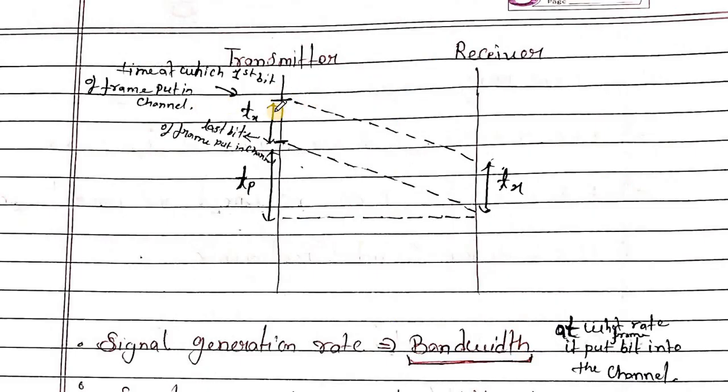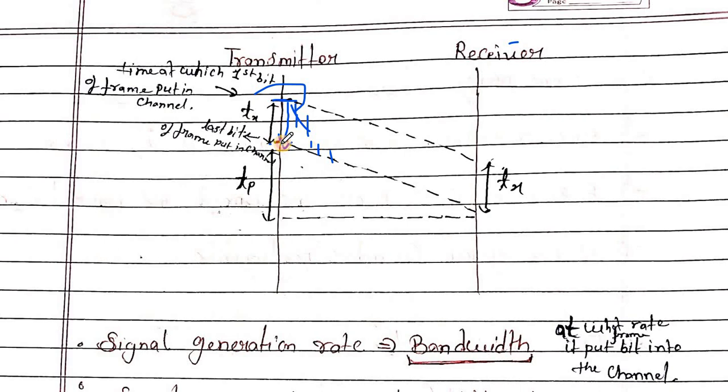In the diagram, this is the transmitter side, this is the receiver side, and this is the channel. From the time the transmitter puts the first bit into the channel, we start putting the frame into the channel. The time required to put the frame into the channel is called T of X. Here the last bit of the frame is put into the channel.